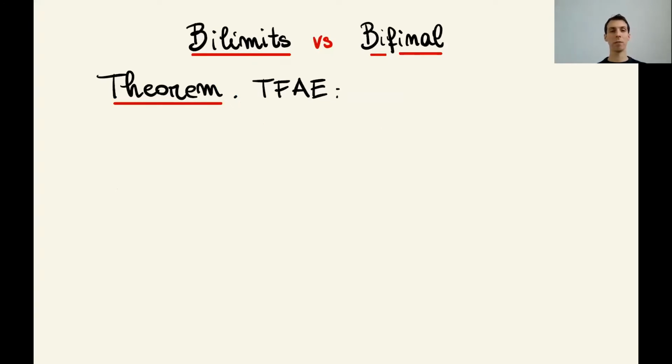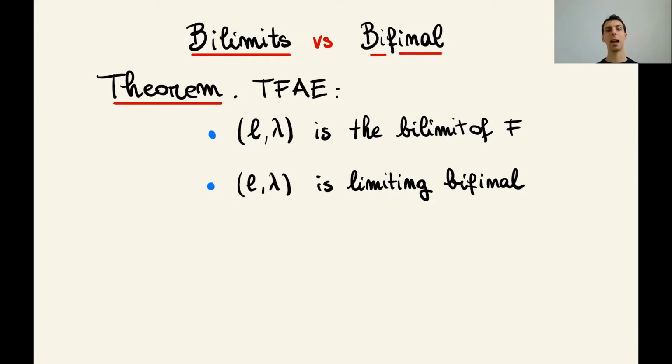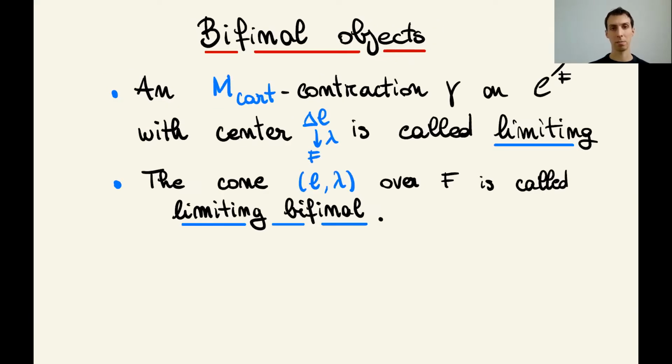If we have this set, then we can finally confront bilimits and bifinality. In fact, these are equivalent. The pair L lambda is the bilimit of F, F is always this two-functor from J to C, if and only if L lambda is limiting bifinal, so it is the center for a contraction with this marking.